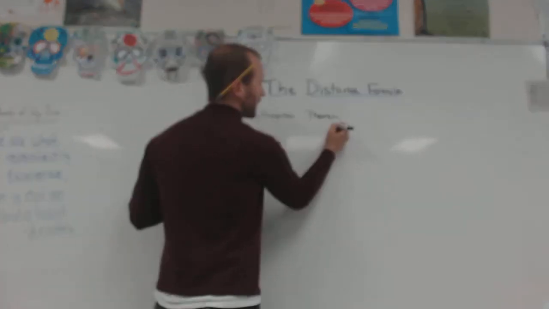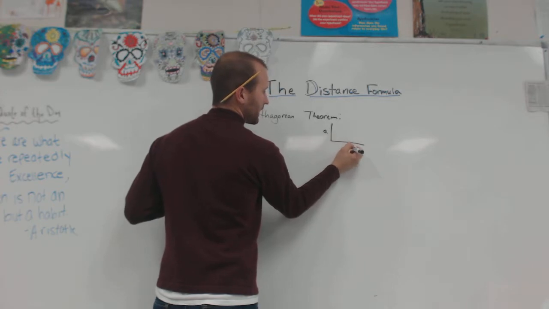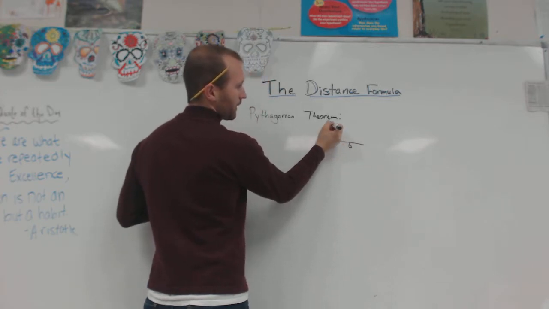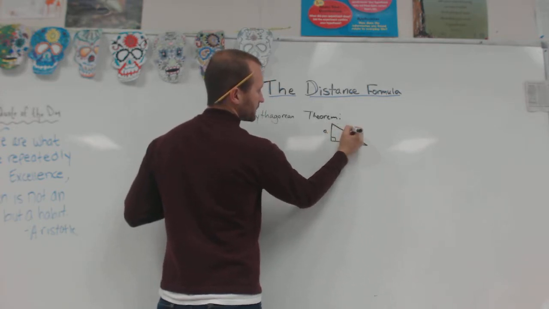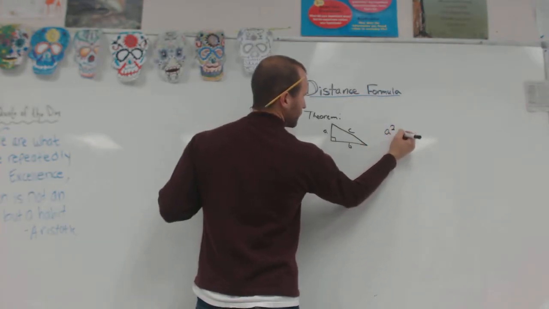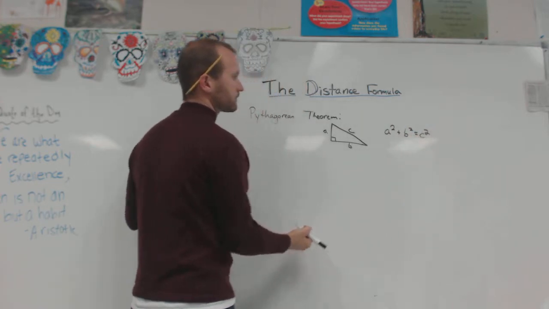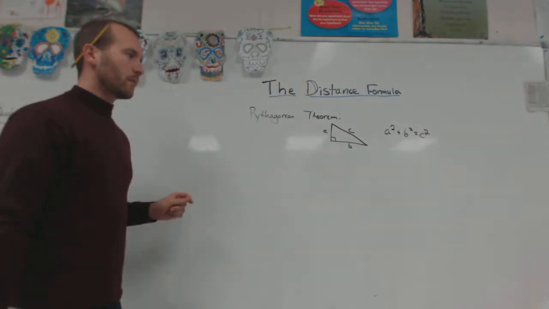It says if you have a right triangle which has two legs, A and B, and a hypotenuse, C, then A squared plus B squared equals C squared.